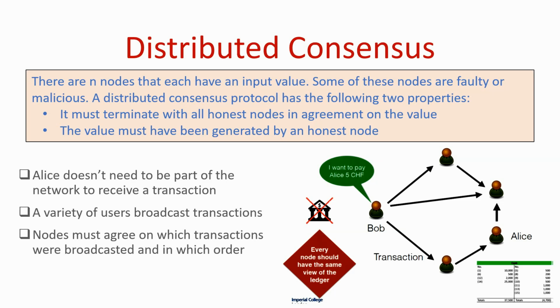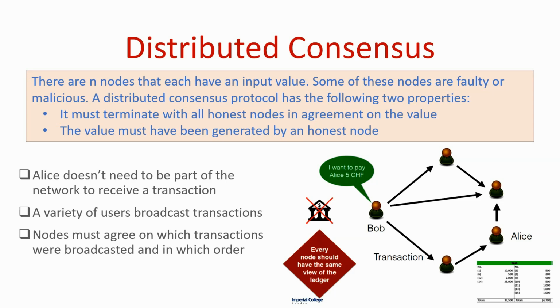If we read the first line, there are n nodes that each have an input value. In our application, the input value is actually the block. So we have n nodes. These n nodes are actually the miners in my system. Each one of these miners may produce a block. Now, we don't assume that all the miners are honest, and we don't assume that they operate without fault. So some of the miners are faulty and some of them are malicious.